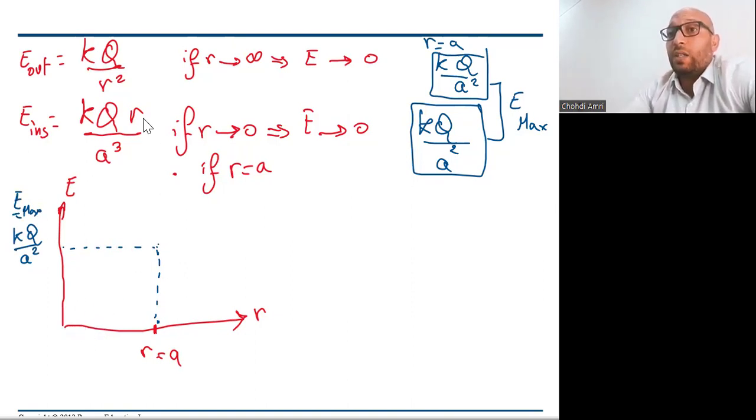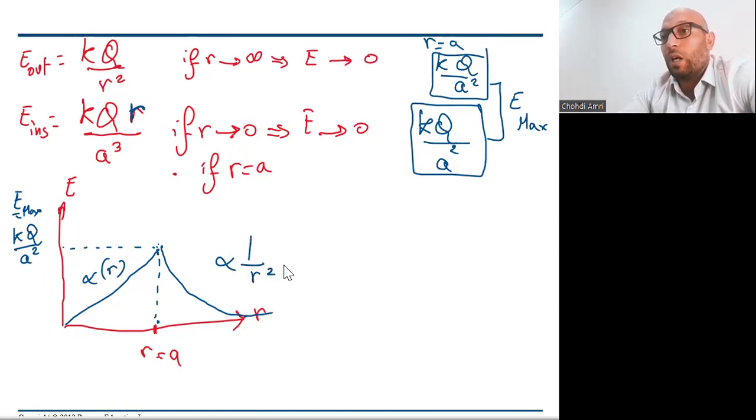When we are inside, the electric field varies as a function of R, so it's a linear function, increasing proportionally to R. When we are outside, the electric field varies as a function of 1 over R power 2, so it would be like that. It's proportional to 1 over R squared.